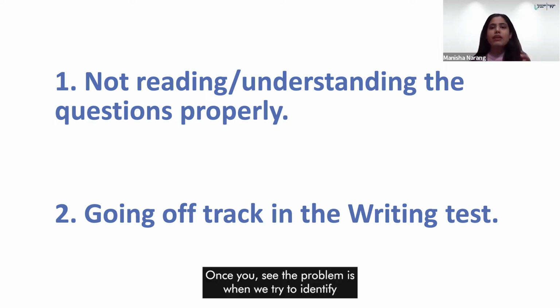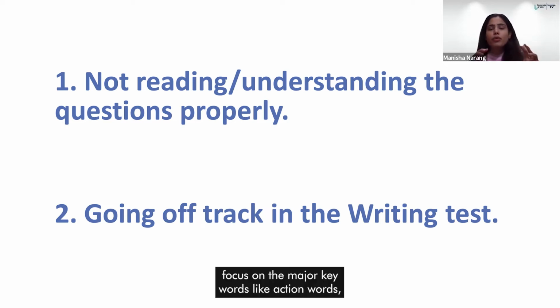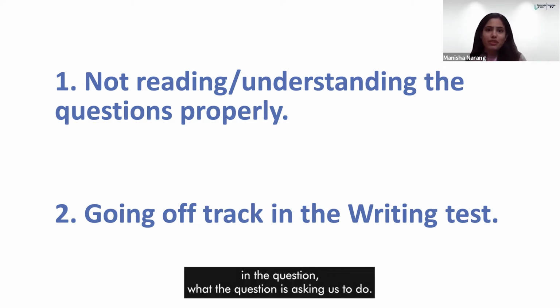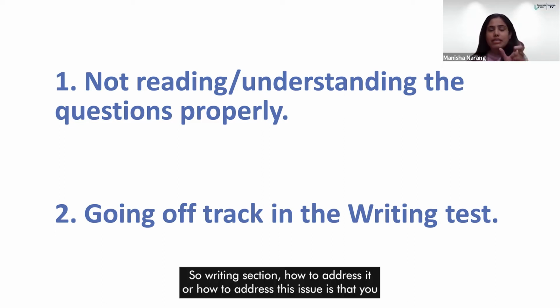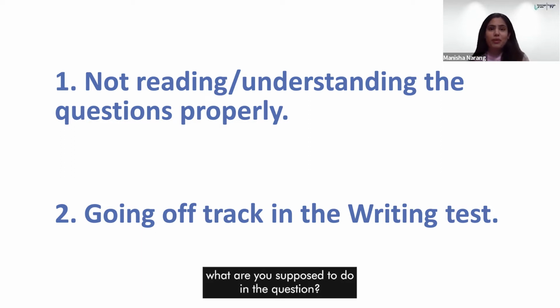The problem is when we try to identify or analyze the questions, we do not focus on the major keywords like action words, telling what we are supposed to do in the question, right? What the question is asking us to do. So in the writing section, how to address this issue is that you definitely look at the keywords given so that the words tell you what you are supposed to do in the question.